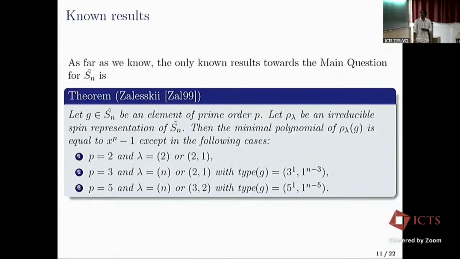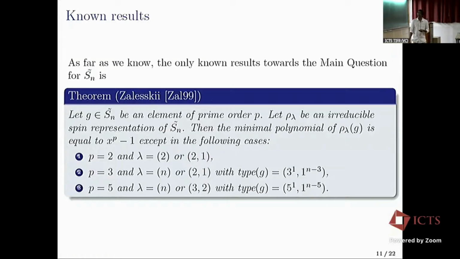Nice. And there is in fact only one result in this direction, which is due to Zaleski, who showed that if you take an element of prime order p and any spin representation of it, then the minimal polynomial will always be x to the power p minus 1, except in a very few cases when the prime is 2 and it's just S2, and the prime is 3.